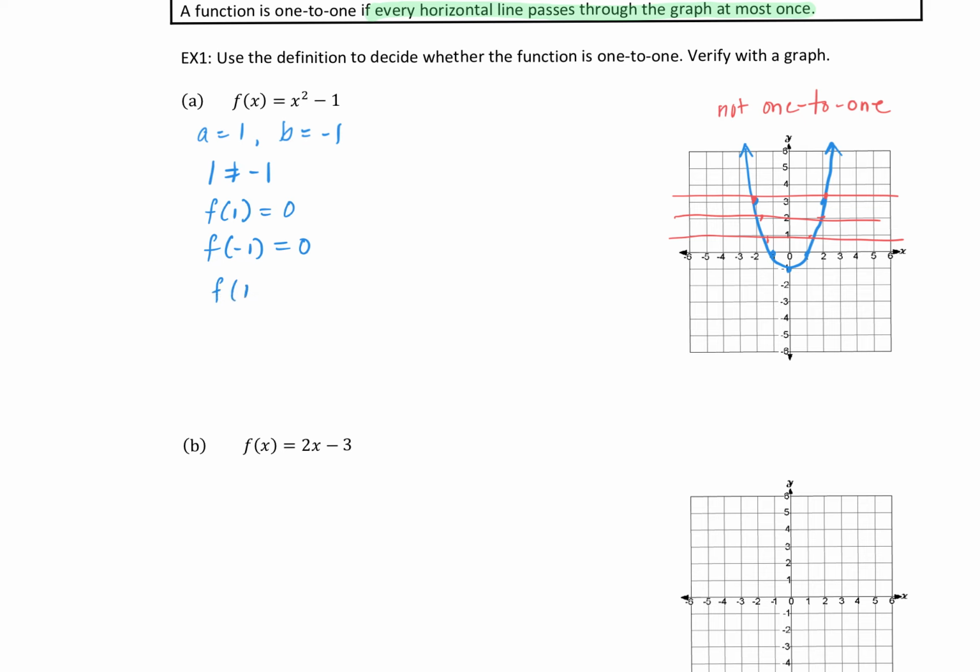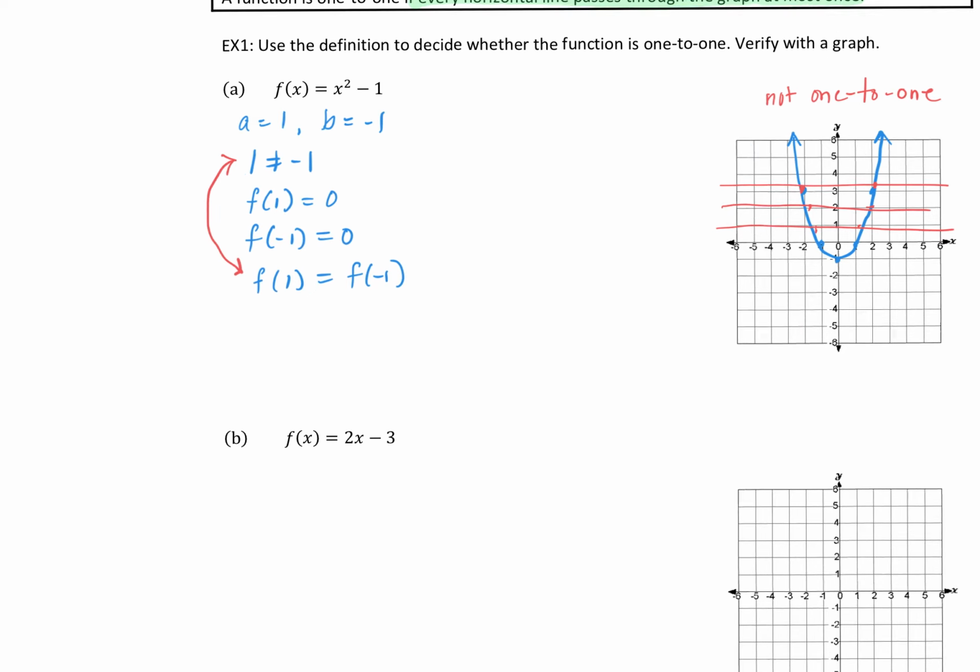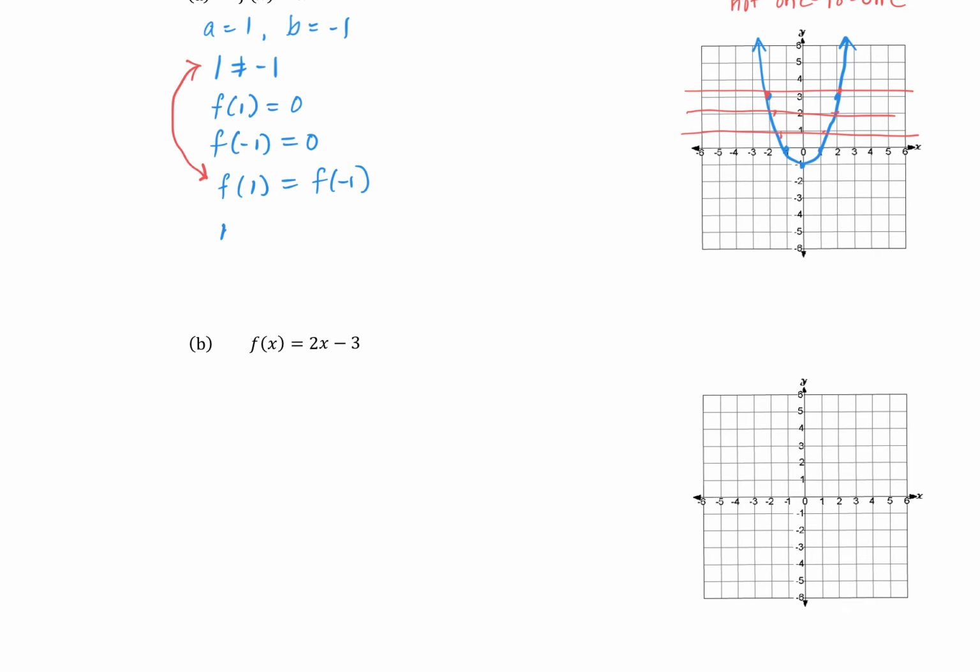So f of 1 is equal to f of negative 1. Remember, in order for a function to be one-to-one, if the x's are different, the y values will also have to be different, but these are the same. So we have shown algebraically by the definition that this is not one-to-one.